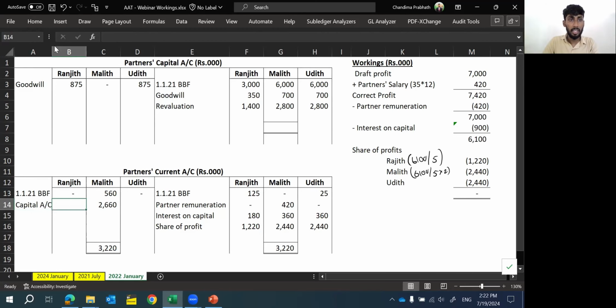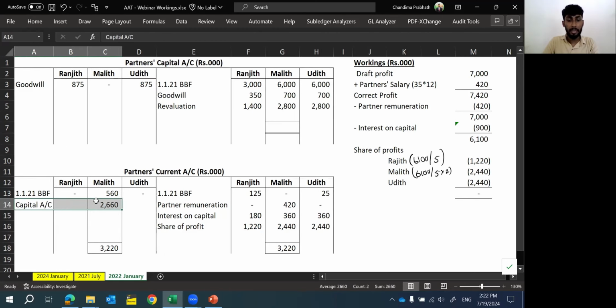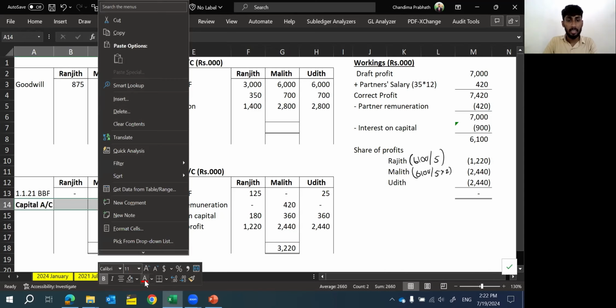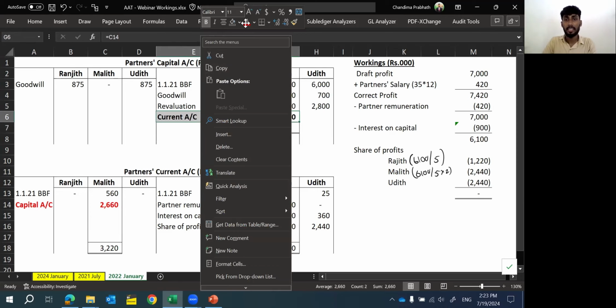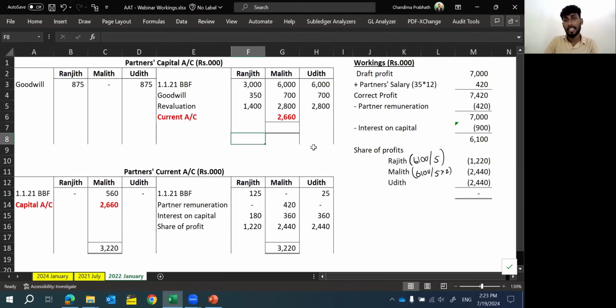Here, how is it done? Capital account. I am crediting that to the capital account here. It's coming from where? It's coming from the current account of Malit. This is how the transfer is done, from one account to another.